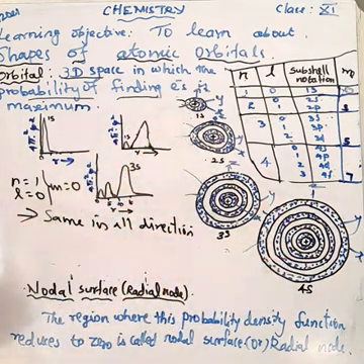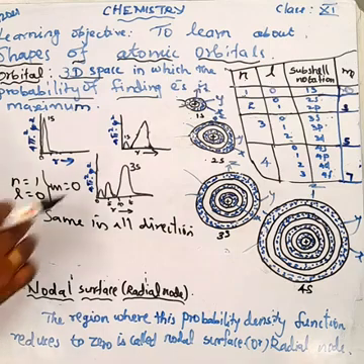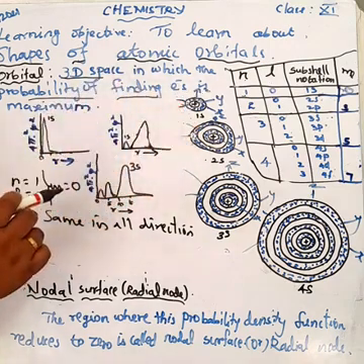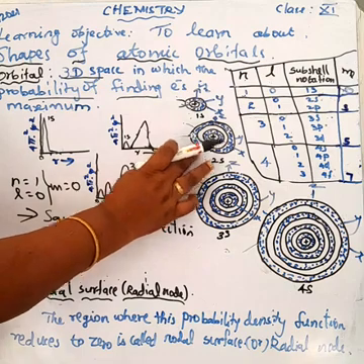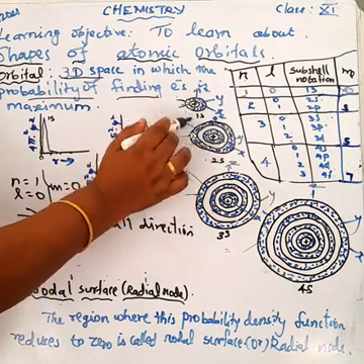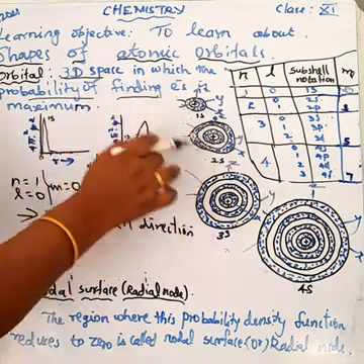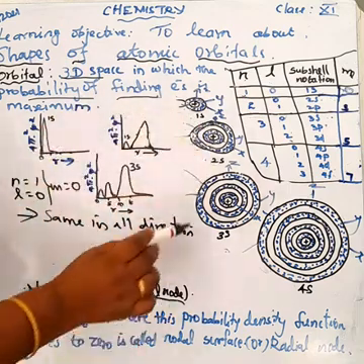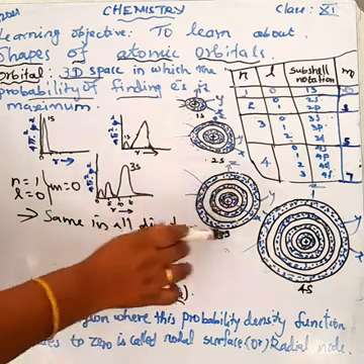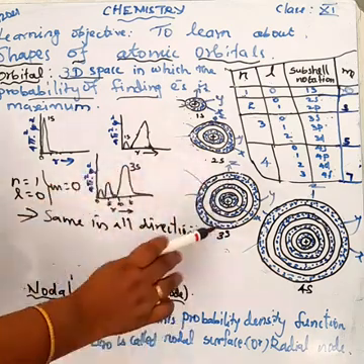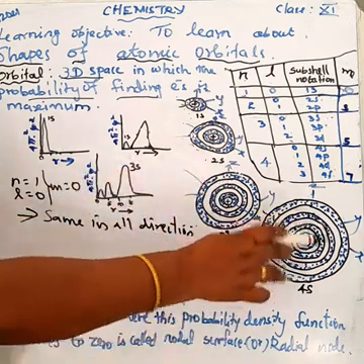See here, this is the 1s orbital. When compared to the 1s orbital, the 2s orbital size increases. When compared to the 2s orbital, the 3s orbital size increases. When compared to the 3s orbital, the 4s orbital size increases.